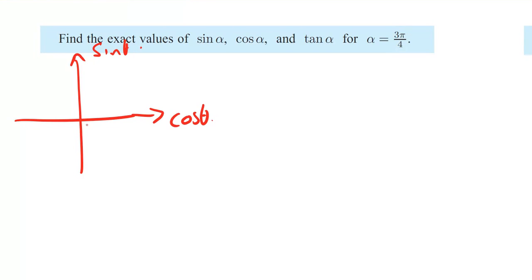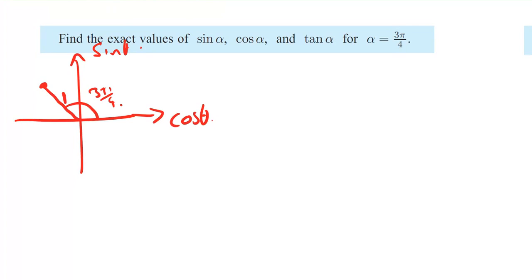And if we're thinking about 3 pi over 4, well, pi over 2, or half of pi, is going to be 90 degrees, and a full pi is going to be 180. So 3/4 of pi, or 3 pi over 4, is going to be an angle like that, 135 degrees. So 3 pi over 4. So we have the unit circle, and we are there.